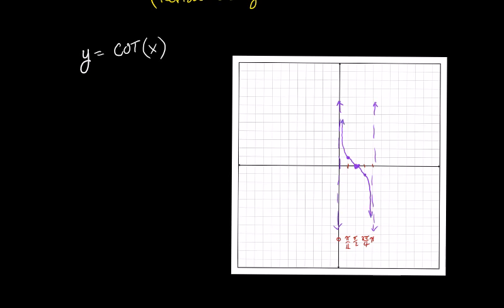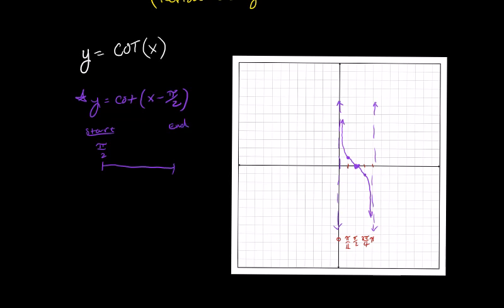So let's talk a little bit about what would happen if there was a horizontal shift. Let's say, for example, y equals cotangent of x minus pi halves. Since cotangent normally starts at 0, if you shift it right pi halves, then your new start would be at positive pi halves, and then the end would be the period away.